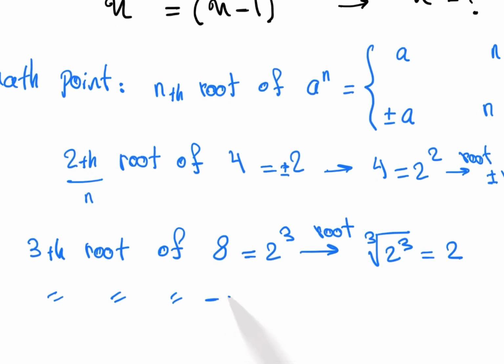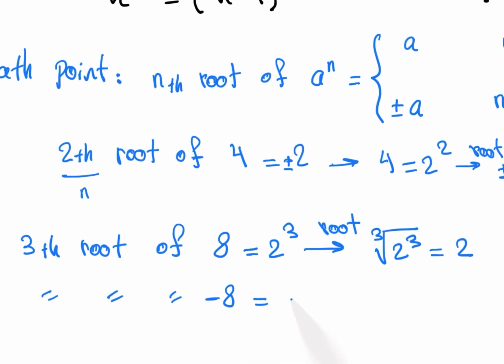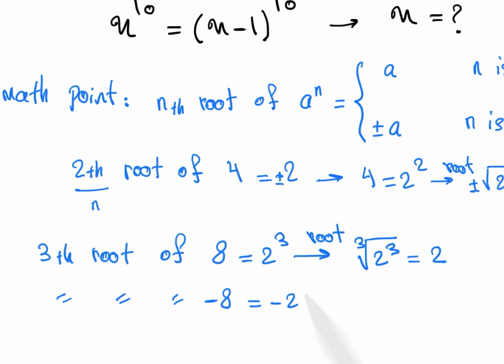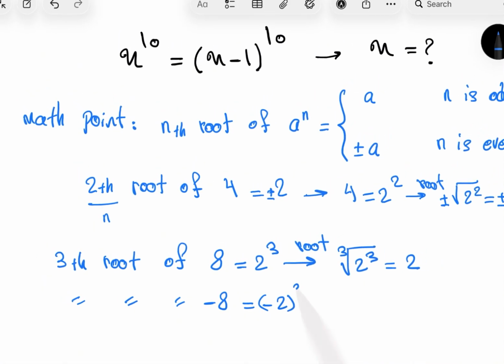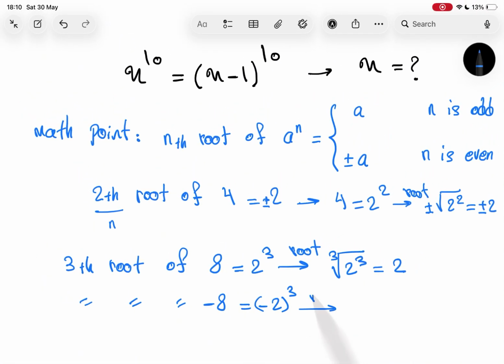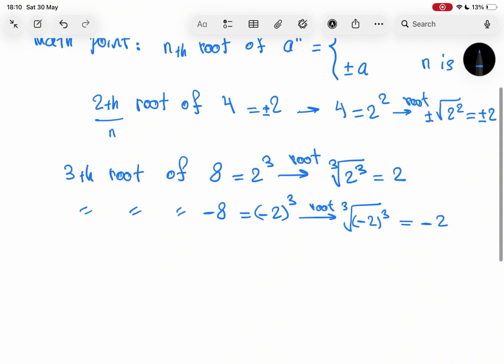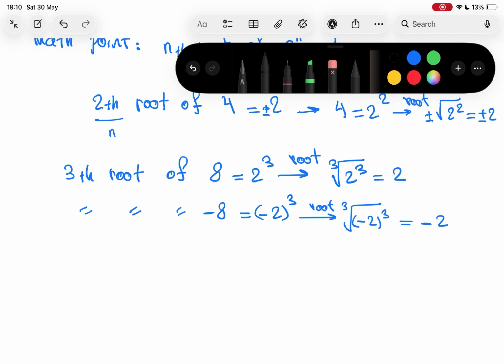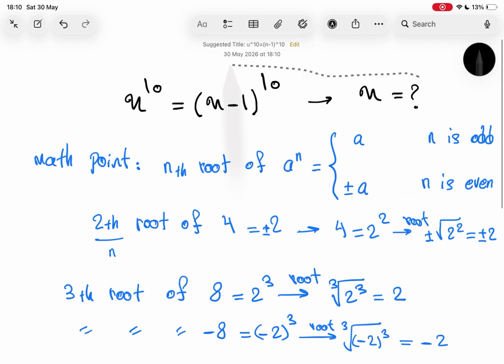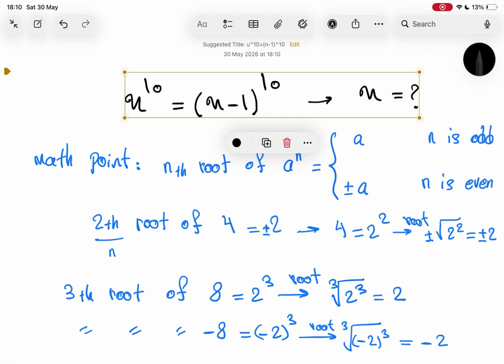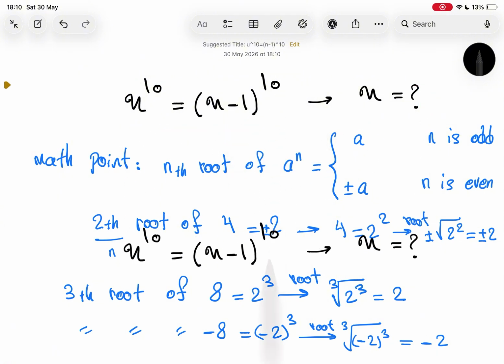Now, if we want to calculate the cube root of negative 8, we know that negative 8 equals negative 2 to the power of 3. So, the cube root of minus 8 is equal to minus 2. This shows us something very important. For odd roots, the sign stays clear, but for even powers, positive and negative numbers can produce the same result.